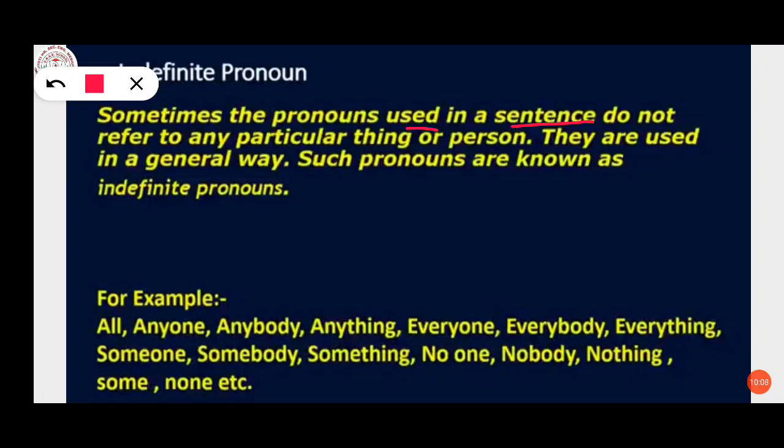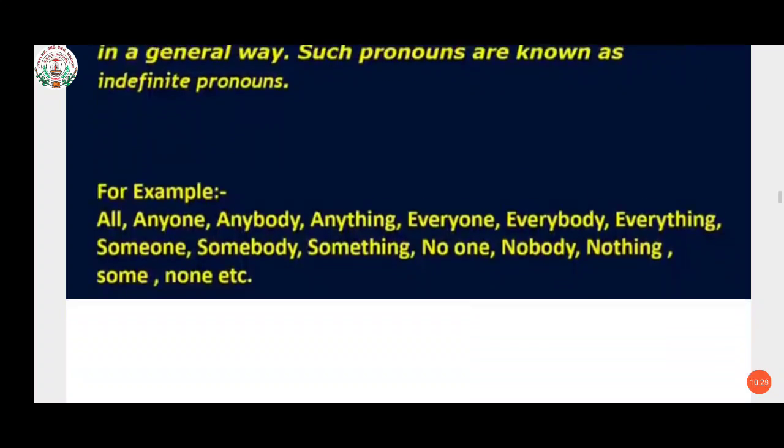Now for example, here you can see the examples given: all, anyone, anybody, anything, everyone, everybody, everything, someone, somebody, something, no one, nobody, nothing, some, none, etc. So all these are examples of indefinite pronouns.